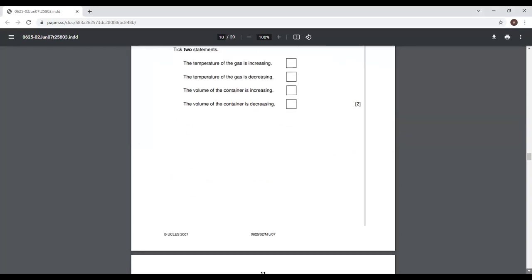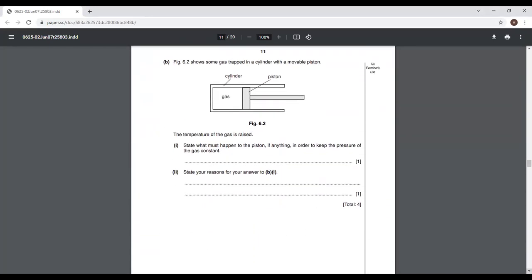Let's move on to a gas trapped in a cylinder with a movable piston. This piston is movable. The temperature of the gas is raised. What must happen to the piston, if anything, in order to keep the pressure of the gas constant?